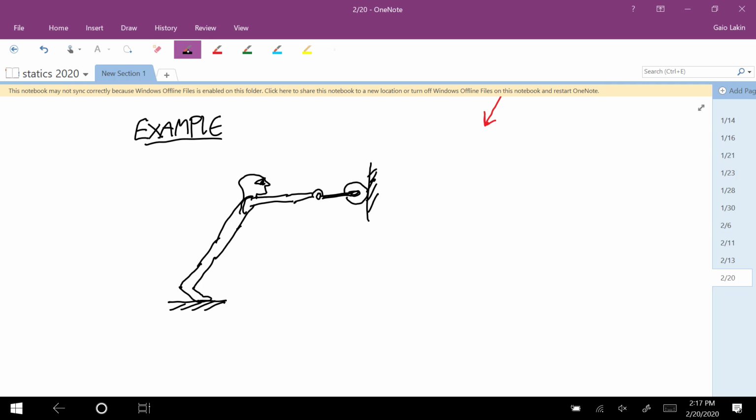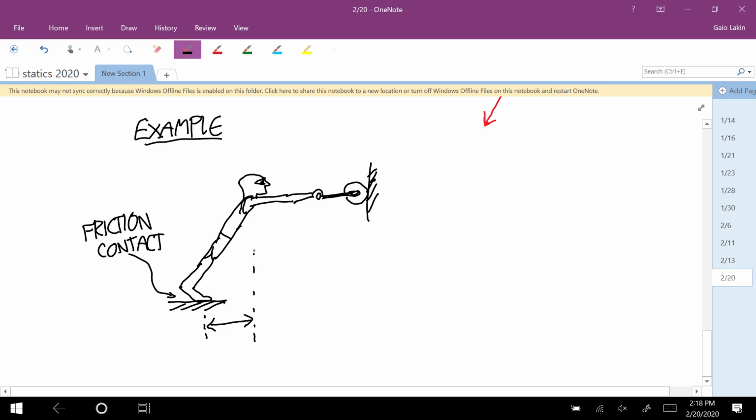Or this is a really painful, unnecessarily difficult way to paint the wall. Okay, so let's say that we know that there's a friction contact down here. And let's say that the center of mass is 0.5 meters from where the feet make contact horizontally. So here's the center of mass.